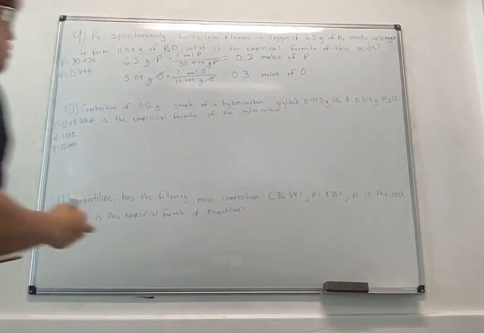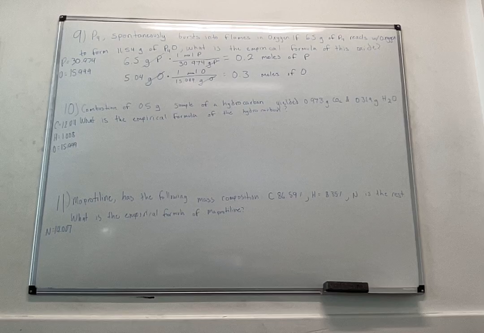Okay, so 0.2 and 0.3 are the simplified numbers that you get from this process. If you do 6.5 grams over 30.974, you actually get 0.20985. But that's too big.